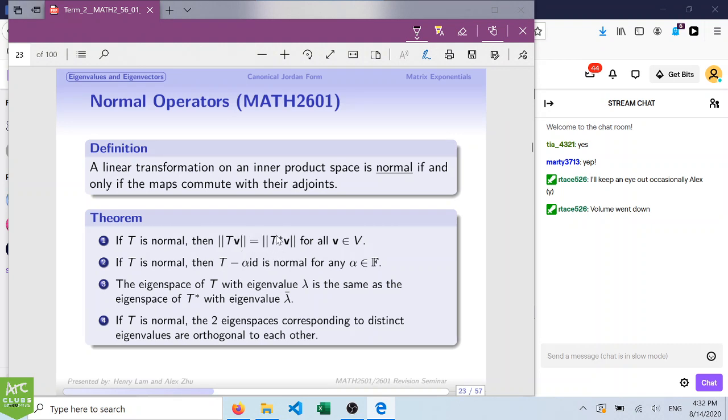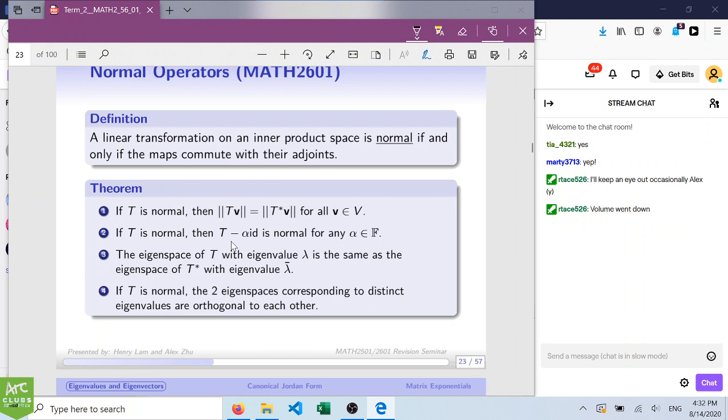So if T is a normal operator, then Tv is also going to be the same as the adjoint of v in terms of magnitude. And also T minus alpha is, okay, there's perhaps a typo over here, but I think this pretty much meant that if you transform T relative to any field element alpha, you're also going to get a normal linear transformation.